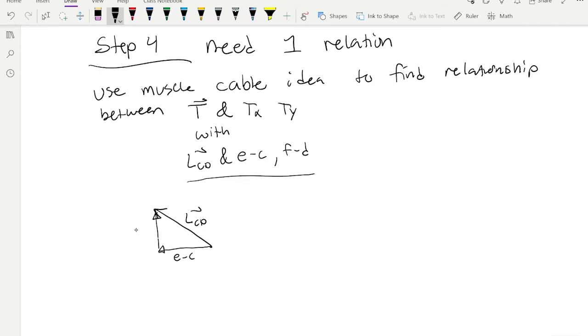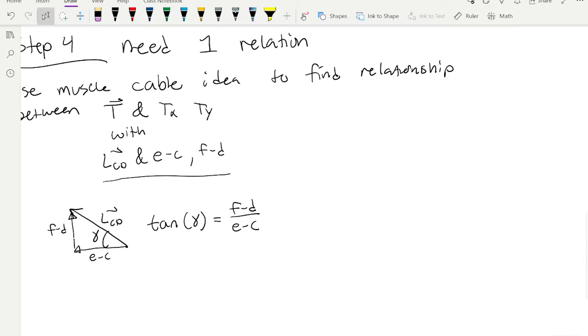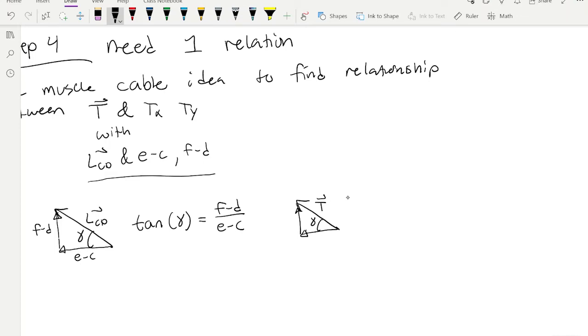This one is E minus C, this one's F minus D. Then we have some angle between them, described as tan of gamma equals opposite over adjacent, F minus D over E minus C. We can also describe T in the same way: T has some angle gamma, and if this is Tx and Ty, tan gamma equals Ty over Tx.